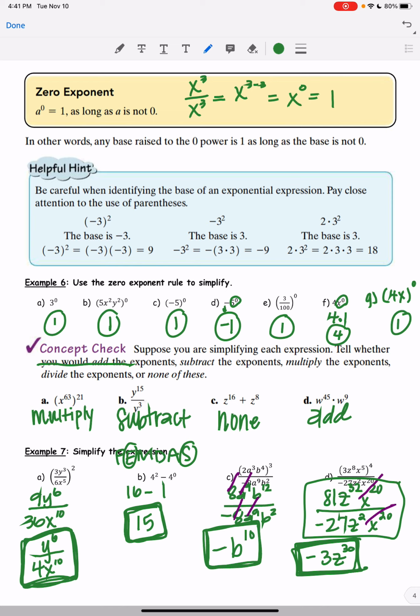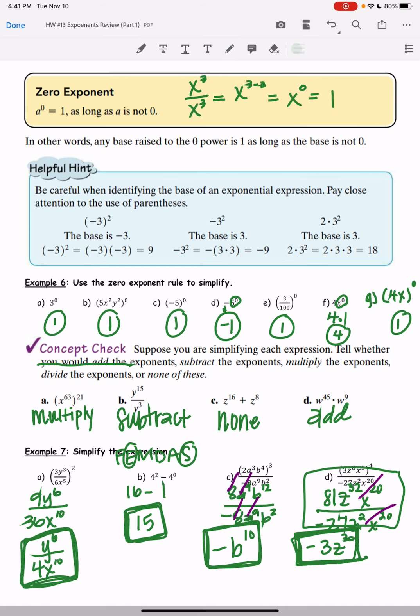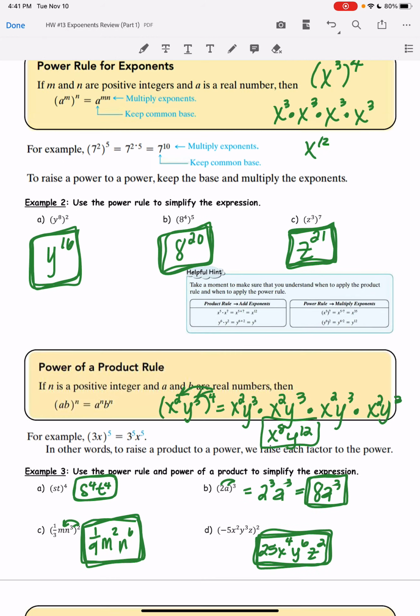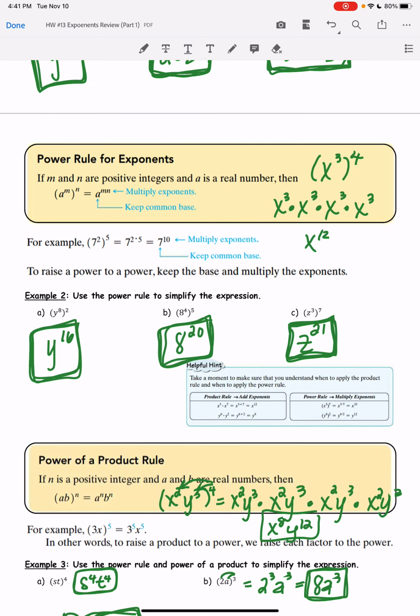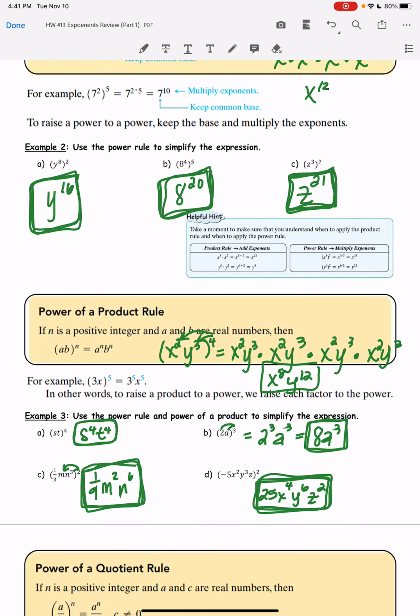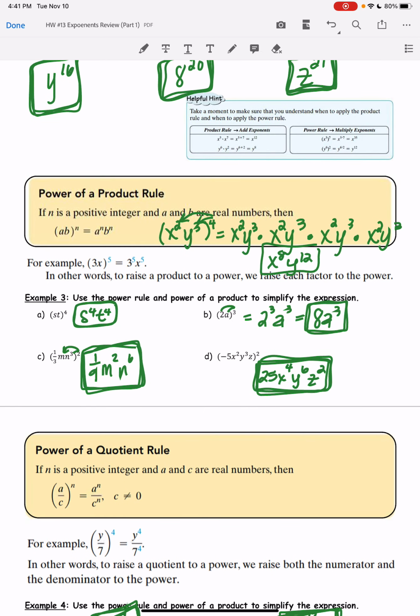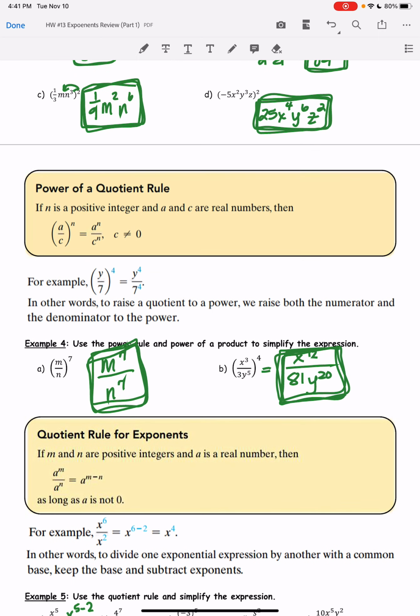This lesson, I'm not going to lie, has a lot more problems than usual. It has 20 problems, but these should not take you very long, right? When you look at these first ones here, 4 plus 6, x to the 10th. That's quick. Power to a power, multiply. That's quick. Power of a product, you're multiplying multiple things, but that's quick. Power of a quotient, distributing that power to everything on the top of the fraction and the bottom of the fraction.